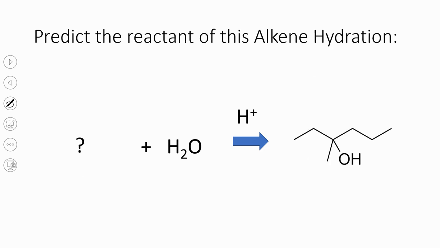Okay, another type of question Alex will ask you is something like this. It'll ask you to predict the reactant. So based on this picture, what alkene could we have? So this is a little bit hard to see.